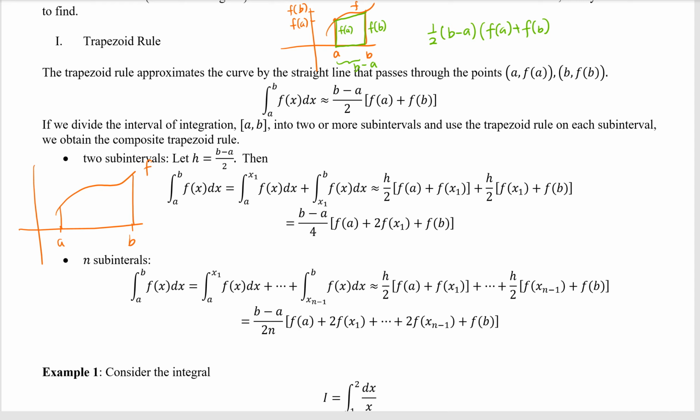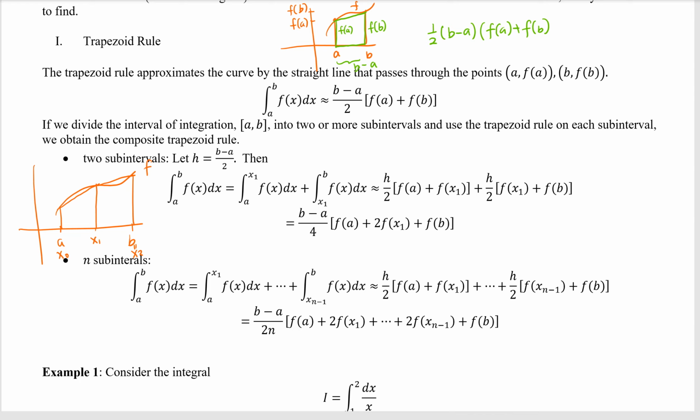Let's cut it into two subintervals. We're going to use this one and this one, two trapezoids, to approximate. We call a x0, then this is x1, and b is x2, where here we have two subintervals. So what is the trapezoid of the first one?